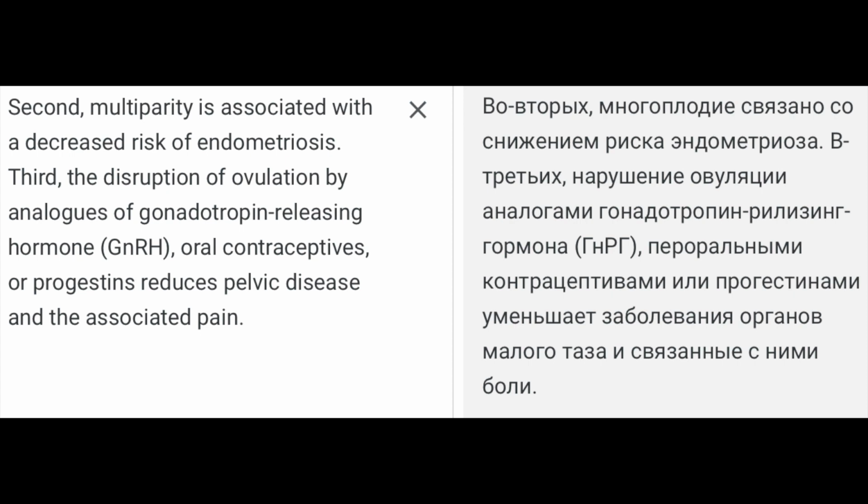Second, multiparity is associated with a decreased risk of endometriosis. Third, the disruption of ovulation by analogues of gonadotropin-releasing hormone, GnRH, oral contraceptives, or progestins reduces pelvic disease and the associated pain.